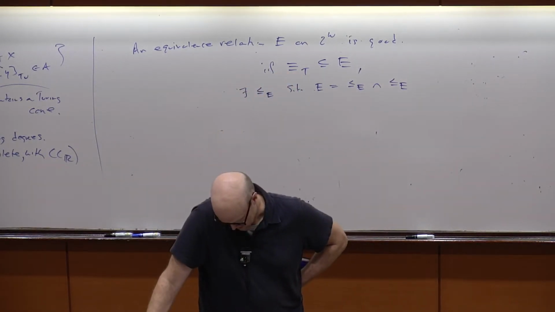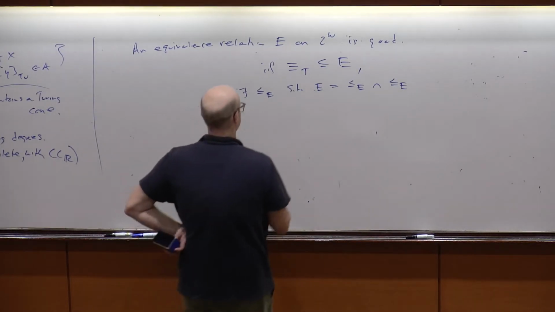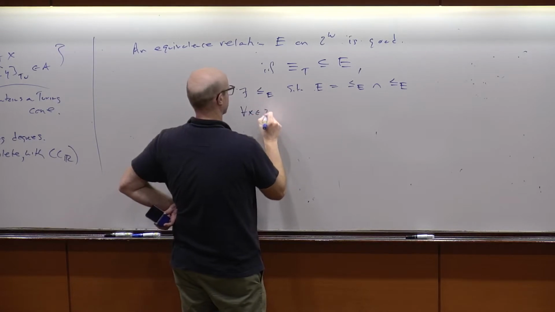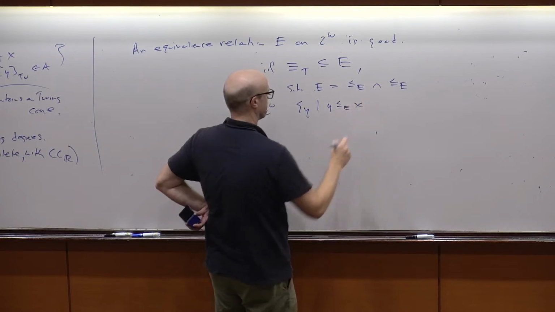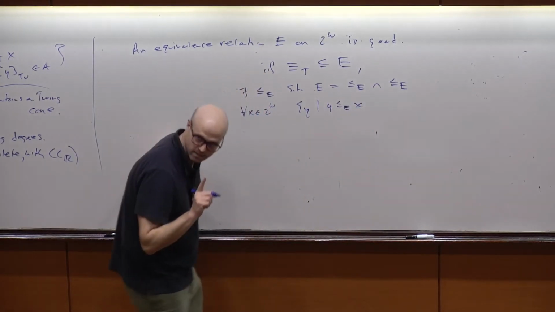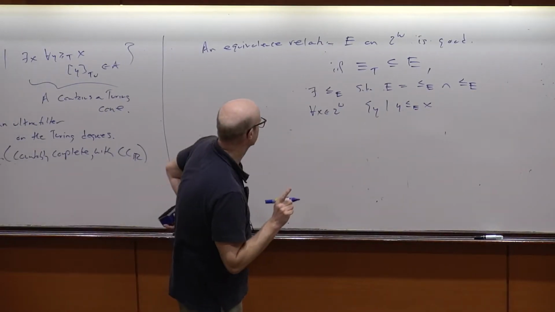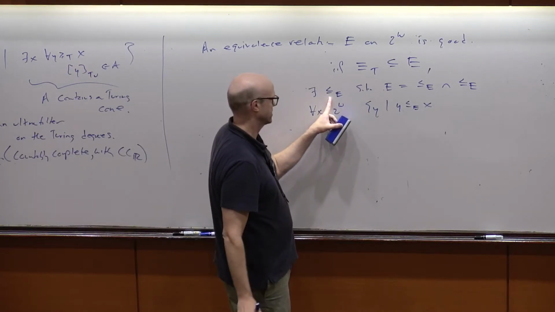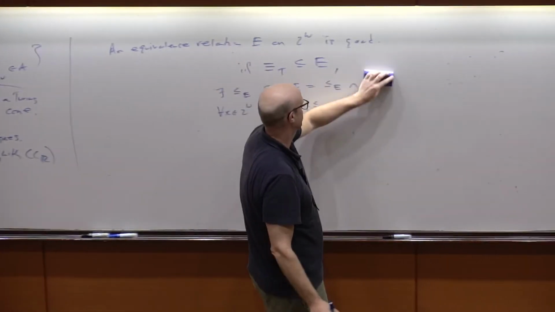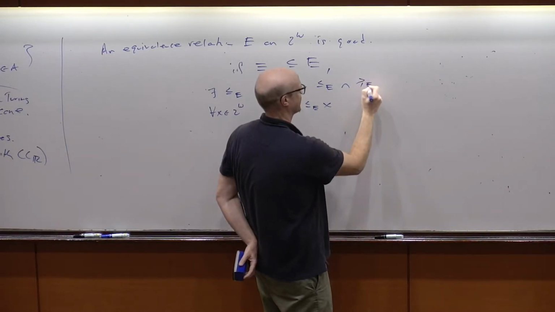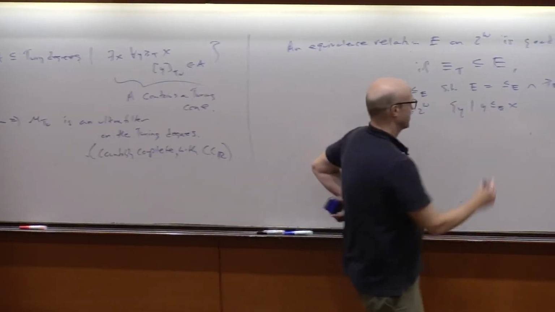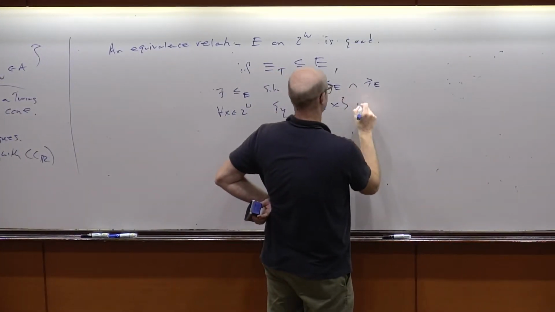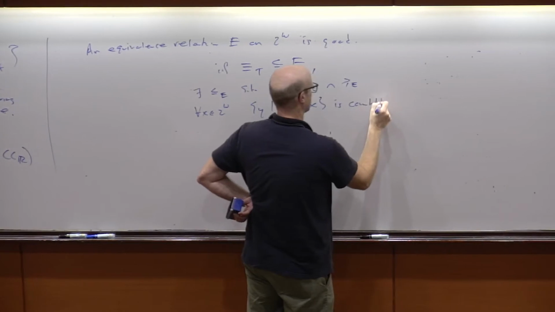We want that the preimage of each X is countable. So for all X in the Cantor space, the set of Y such that Y is below X is countable.